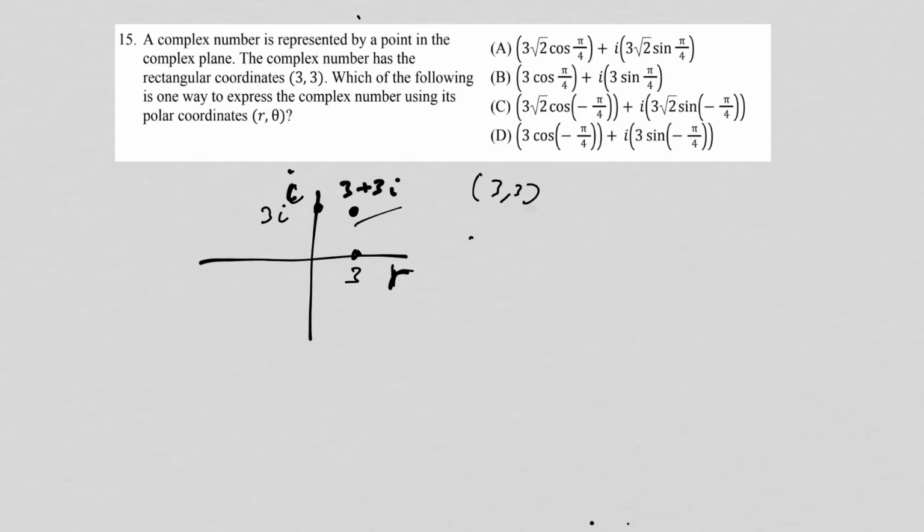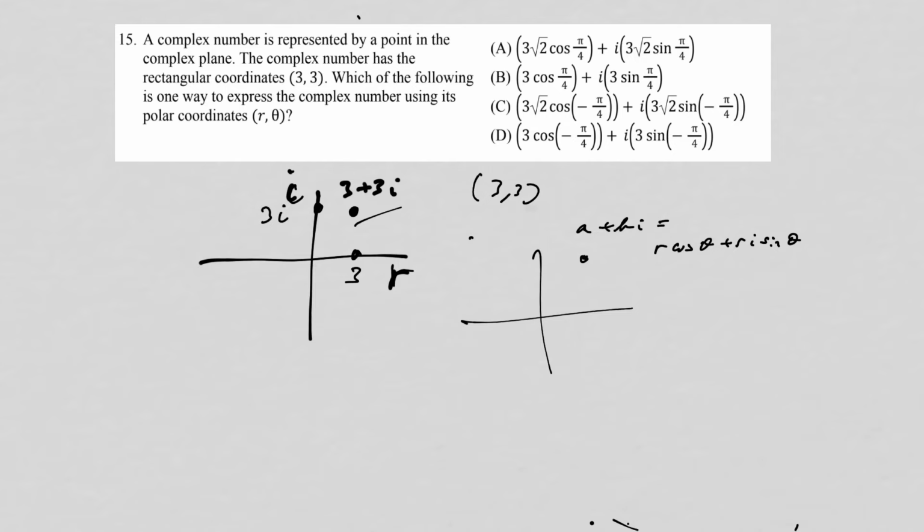So every complex number can also be written in the form r cosine theta plus r i sine theta.